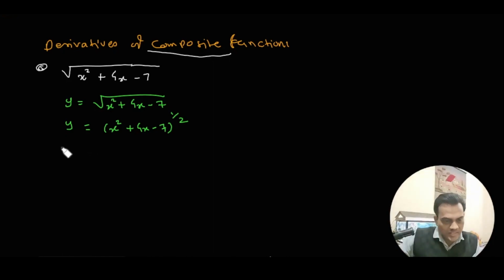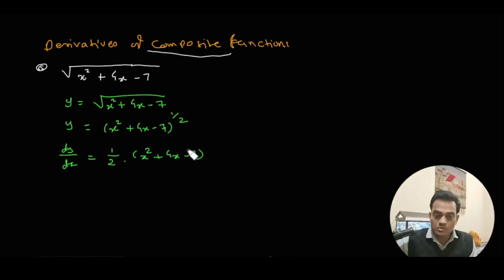If I take the derivative of y with respect to x, then the power comes in multiplication and the power is reduced by 1, so 1 by 2 minus 1 is minus 1 by 2.